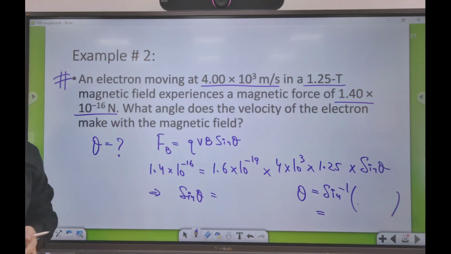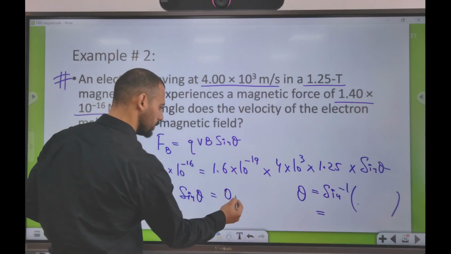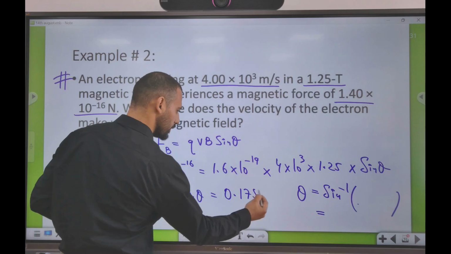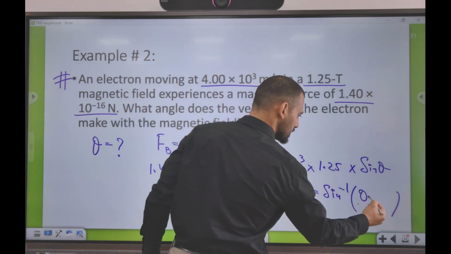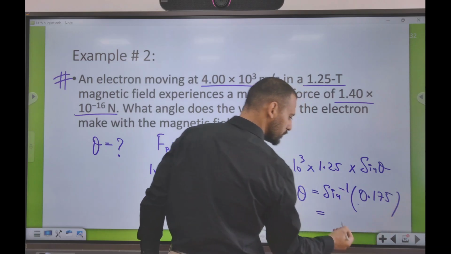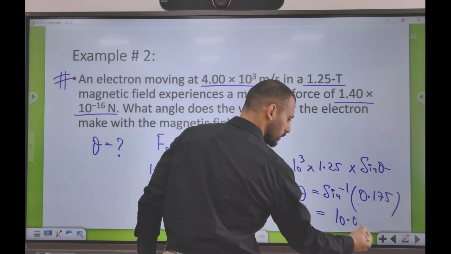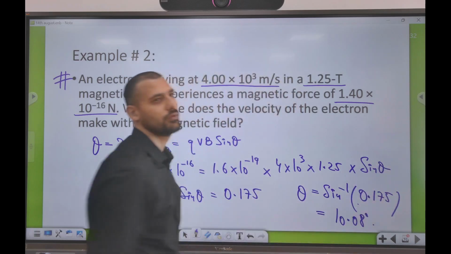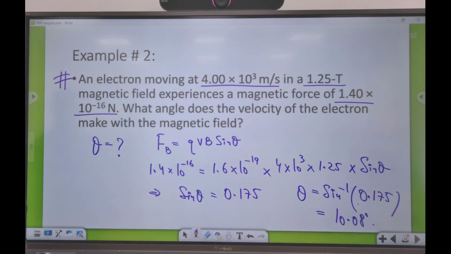I want the value of sine of theta. 0.175. Now take sine inverse of 0.175. That gives you what? 10.0 degrees. So this is the value of that. Is it clear?